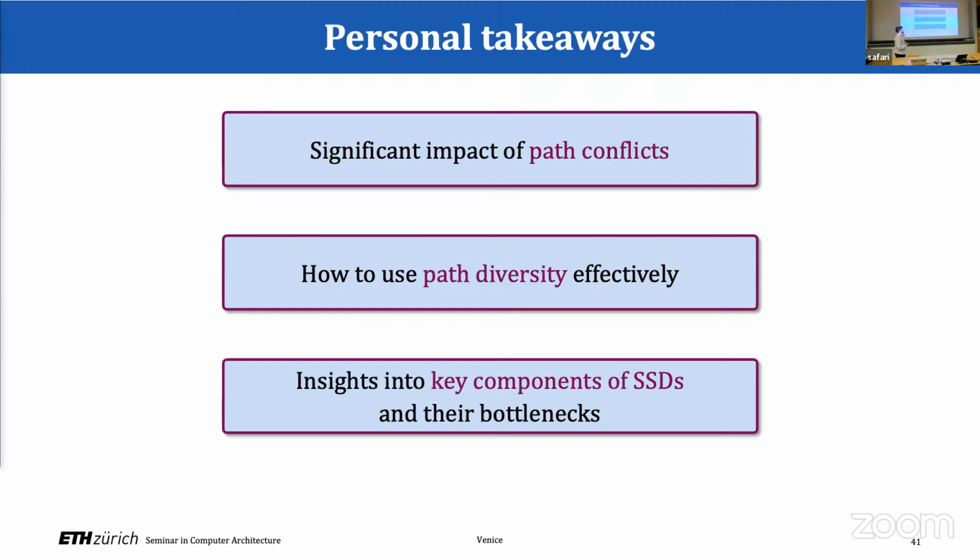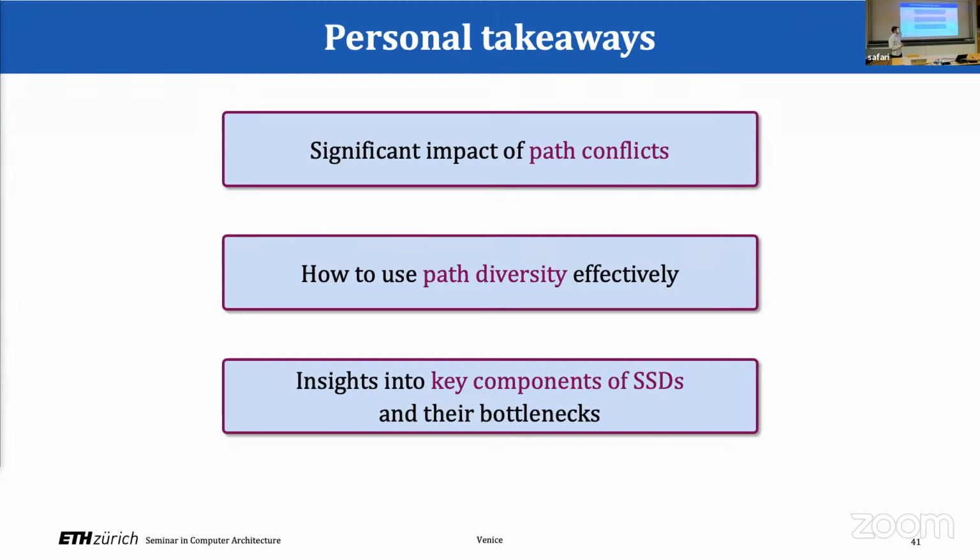So one, very briefly, I wasn't aware of the significance of the path conflict problem and the overhead it causes for SSD parallelism. Secondly, how to use path diversity effectively, not only providing the mechanisms to have path diversity, and then also using it effectively by using mechanisms from different areas, such as routing and scout packets, which we know all of in networks.